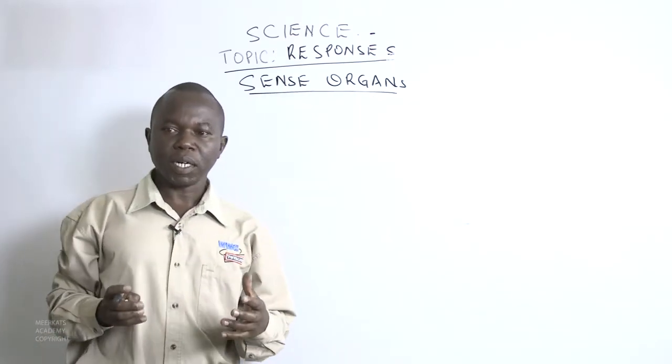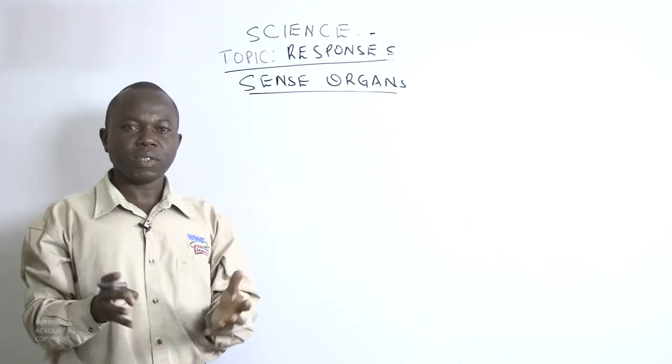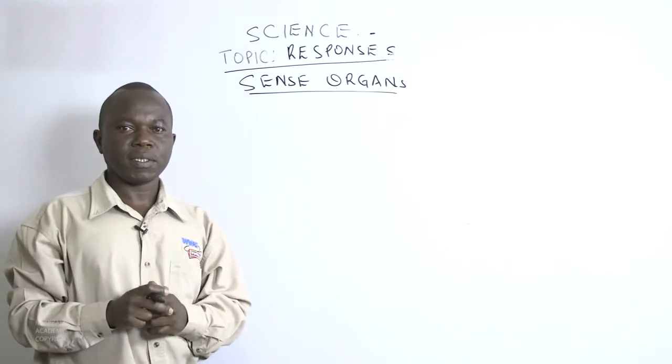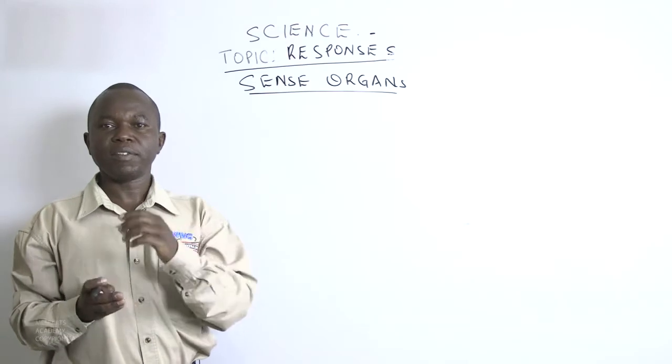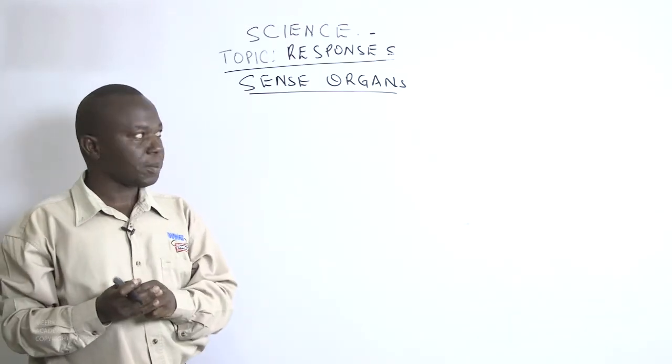So from what we can understand, sense organs are those structures that detect the changes in the environment. They generate a nerve impulse, and that nerve impulse will be conducted to the central nervous system for interpretation.